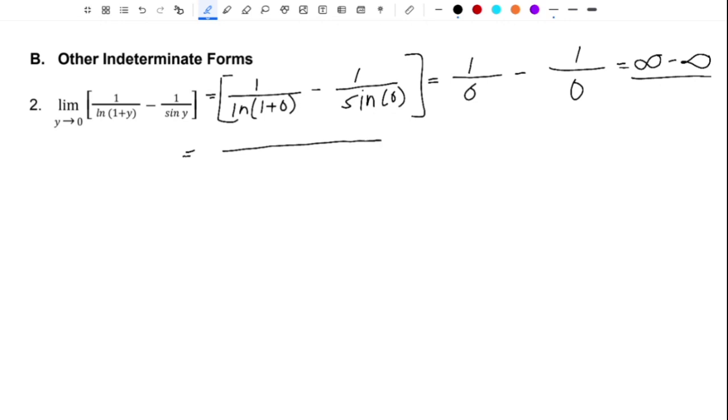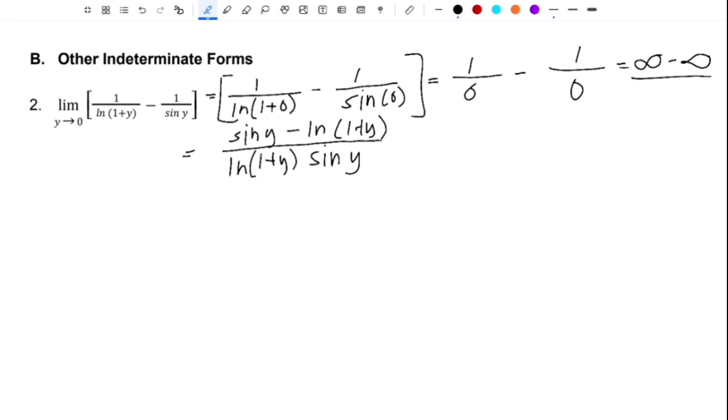Let's perform the operation. Then we have ln 1 plus y times sine y in the denominator, copying both terms, and the numerator is sine y minus ln 1 plus y.